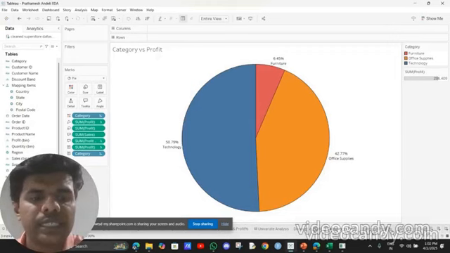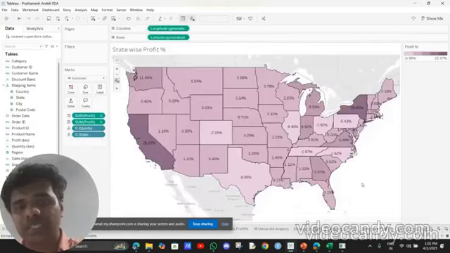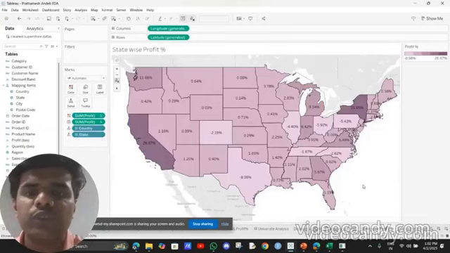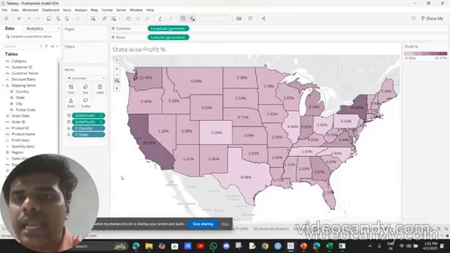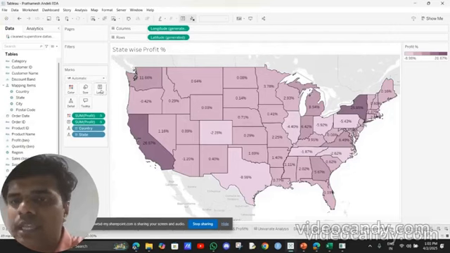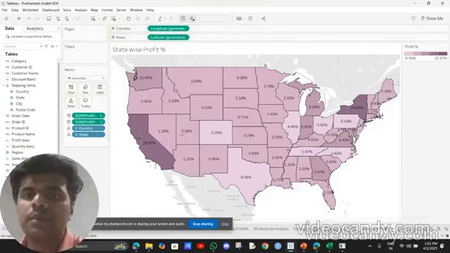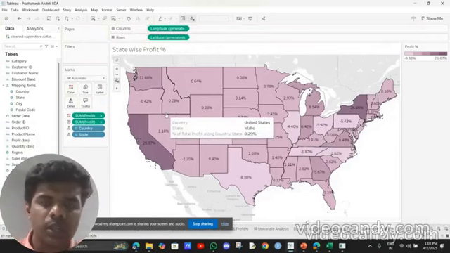So next is state-wise profit. It is a very self-explanatory map in which I have mentioned the profit made by each state, and it is given as a label. So I have added the profit into this label, mentioned on each state.